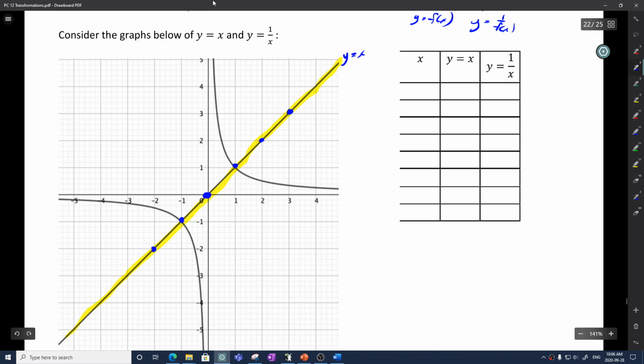So I'm just going to put points there, there, and there. So, for instance, when x is -3, -2, -1, 0, 1, 2, 3, the y's are equal to the x, so they're going to be the exact same. So I'm talking about that line that I just highlighted.